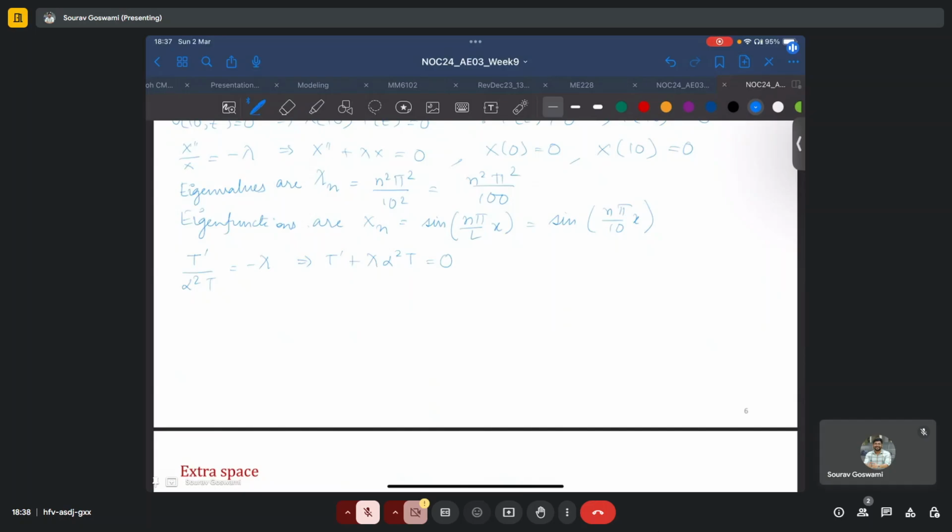But we already have the values of lambda, which implies that T prime plus n squared pi squared by 100 times alpha squared T is equal to 0. This would imply that T n is equal to e to the power minus n squared pi squared by 100 alpha squared t.